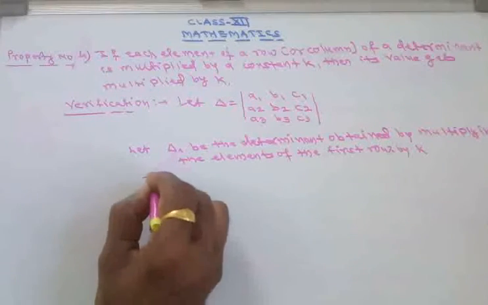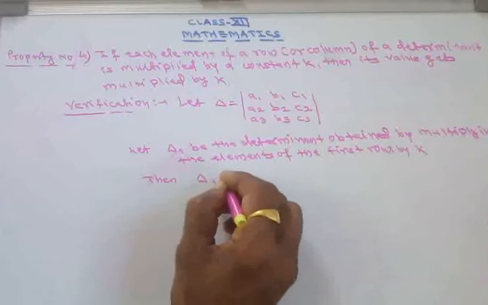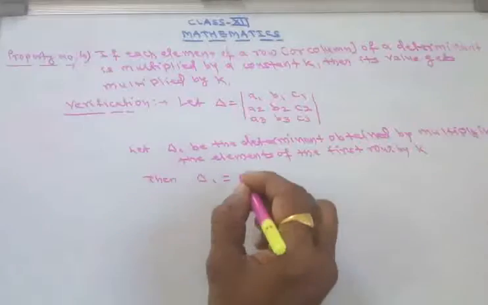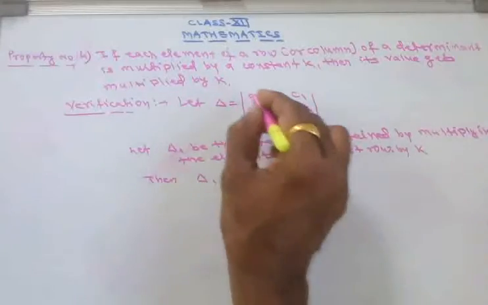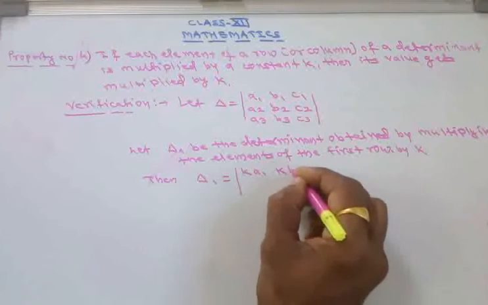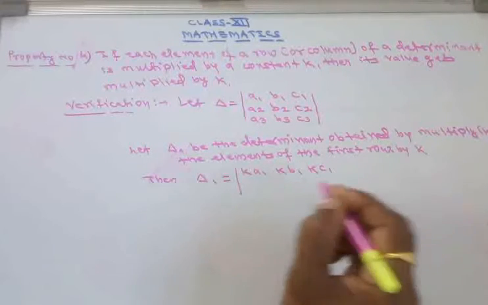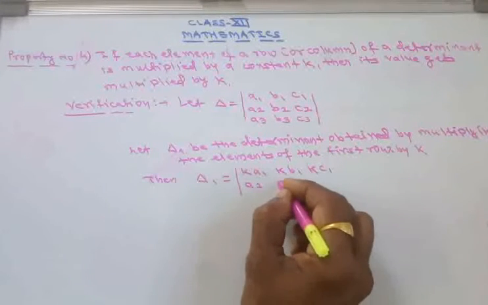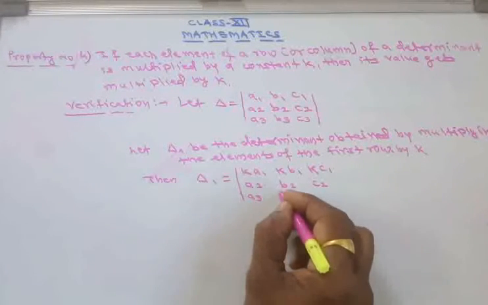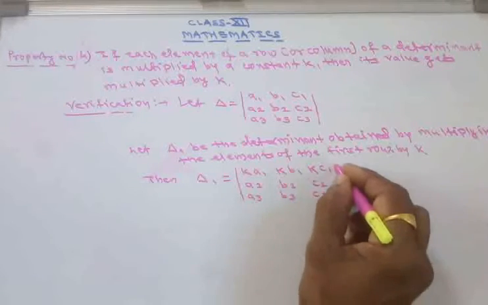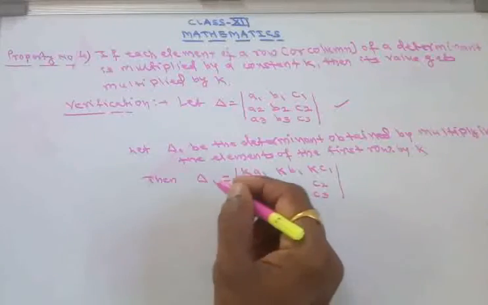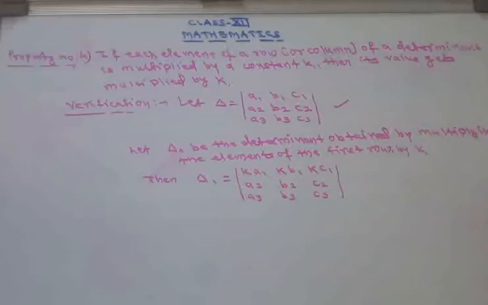So delta 1 will be the given determinant with k into a1, k into b1, k into c1 in the first row, then a2, b2, c2, then a3, b3 and c3. I have taken another determinant delta 1 by multiplying the first row by constant k.